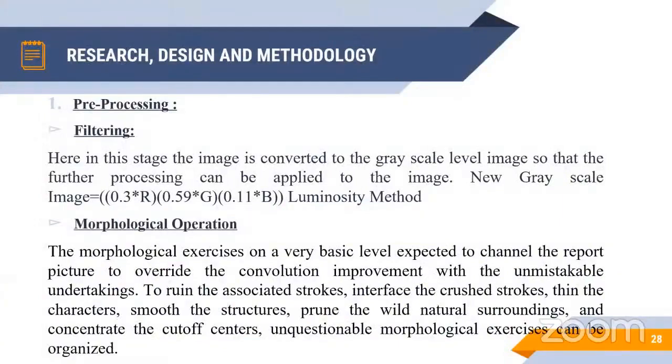The filtering means I want to filter that particular image using certain different operations. The first one is a morphological operation. Morphological operation means I want to divide one image into different parts.